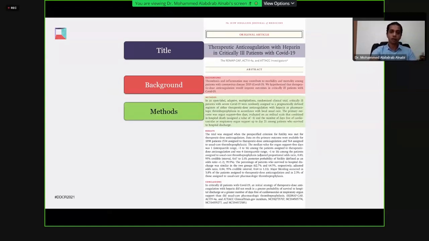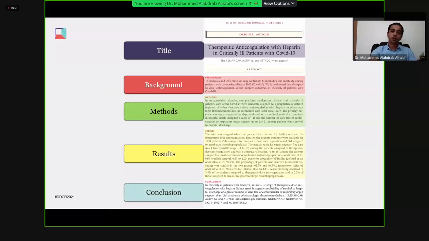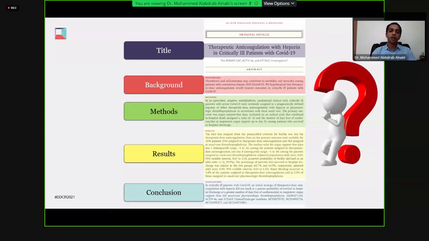And it looks more like this, with a title that you have already looked at, followed by the background, followed by the methods. Background is something we'll go through when reading the full article. Followed by the methods of the study, what they found, and their final conclusion.